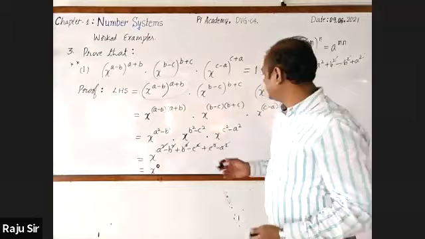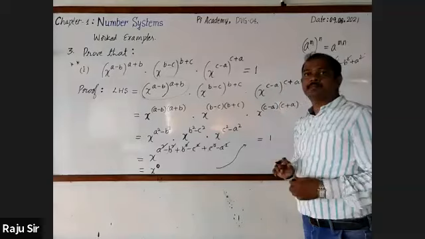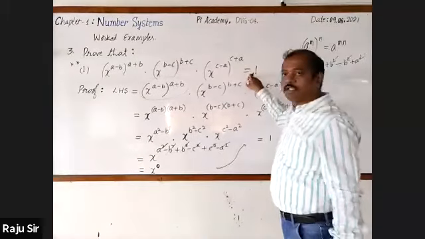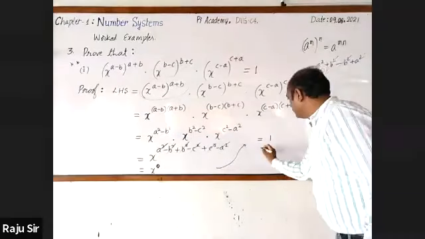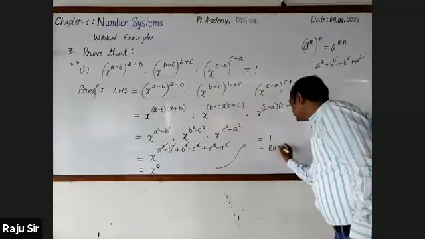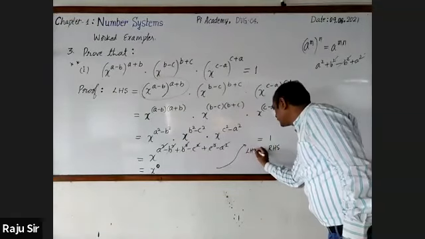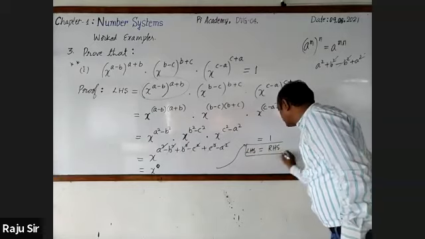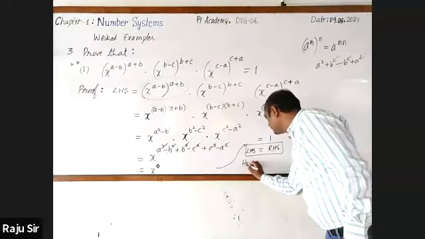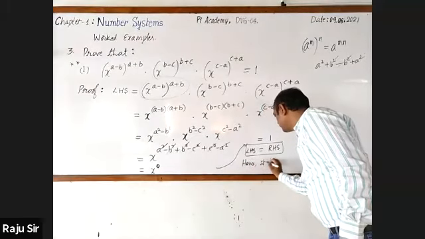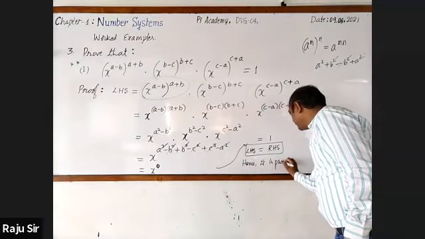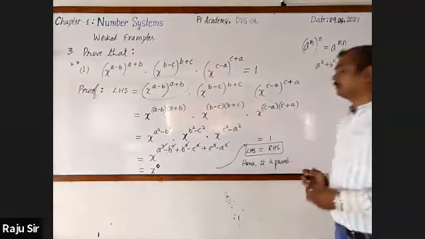X raised to the power 0 is 1. This is equal to 1. 1 is on the RHS side. It is RHS. Right. LHS equals RHS. Hence, the given statement is true.